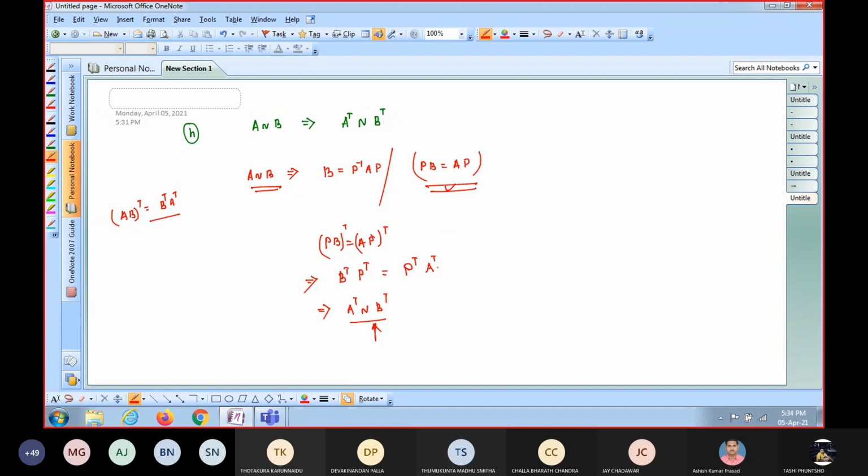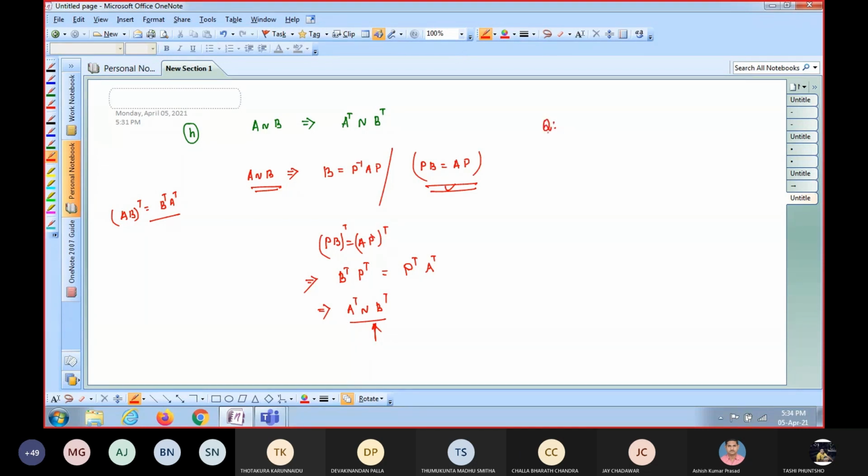Next property is that, diagonalization is not in your syllabus, so one more property I can do.